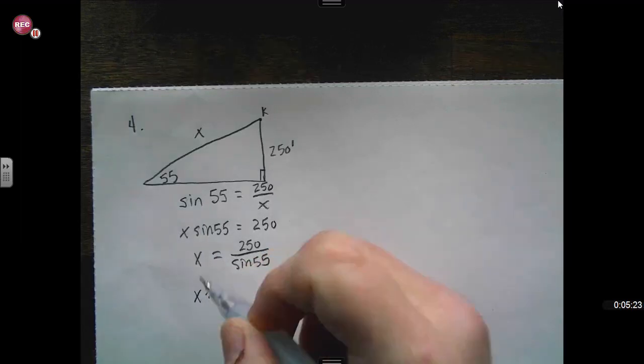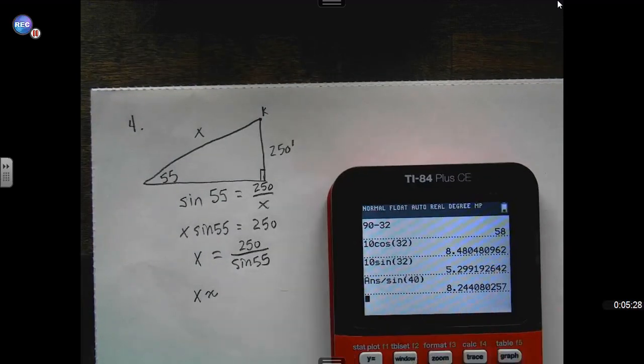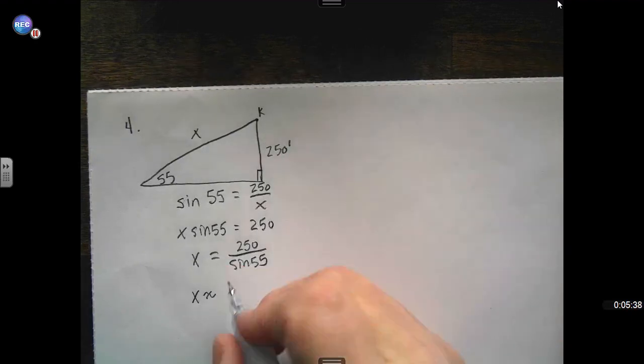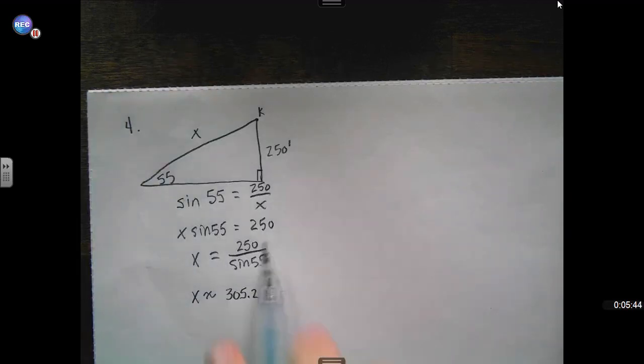And we're also supposed to round our answers to the nearest tenth. So 250 divided by the sine of 55 gives me 305.2. And then don't forget to label your answer. It's 305.2 feet.